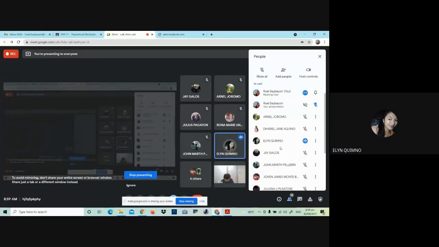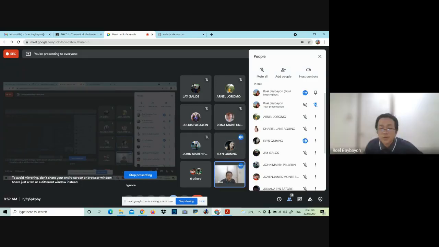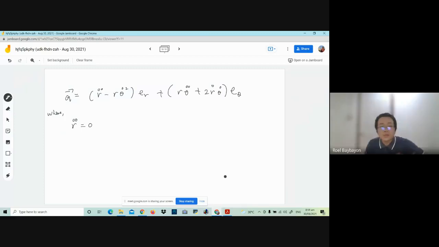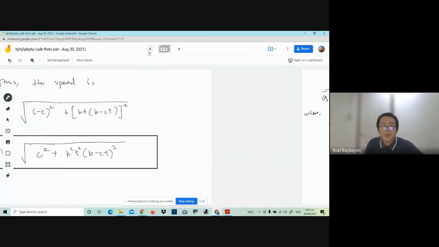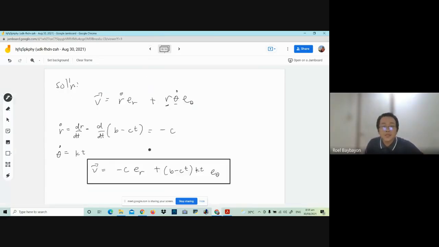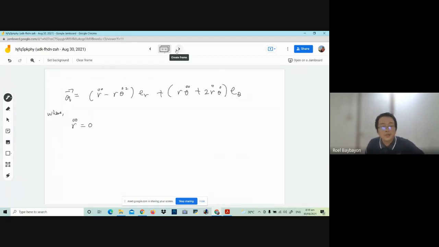Because r dot is constant, minus c only, right? Since your r dot is minus c only, then r double dot is 0. Okay. So r double dot is 0.